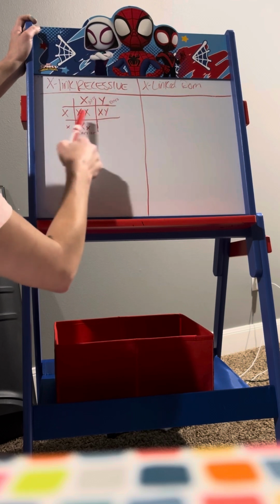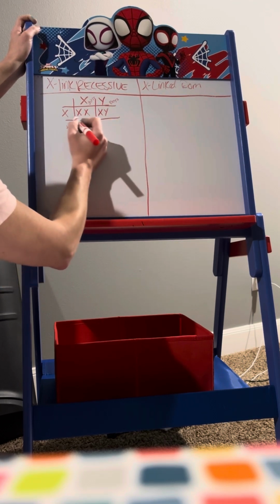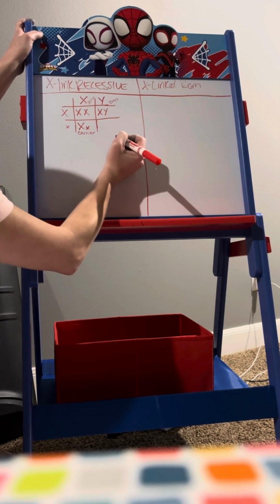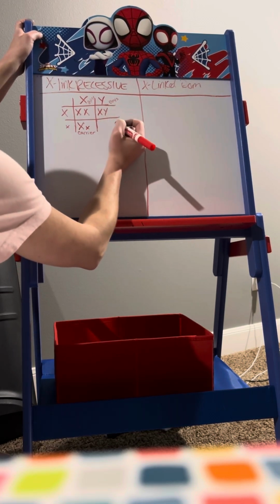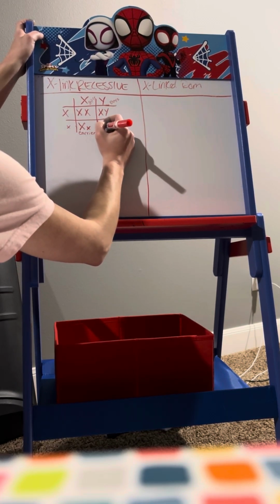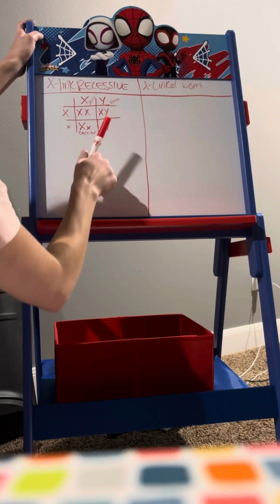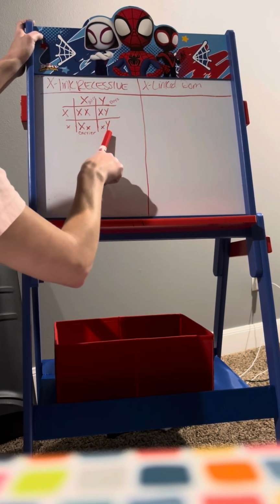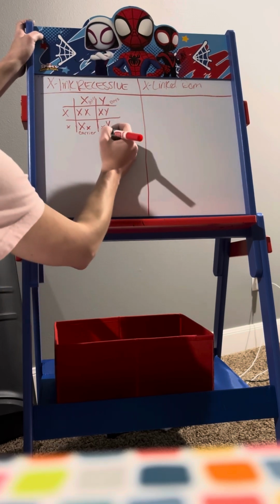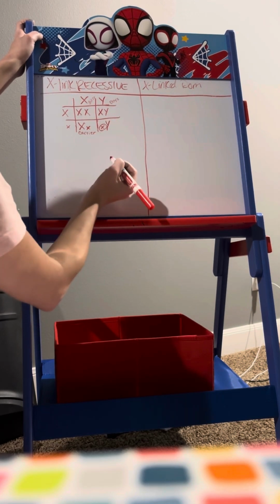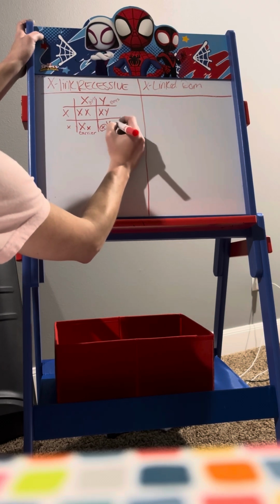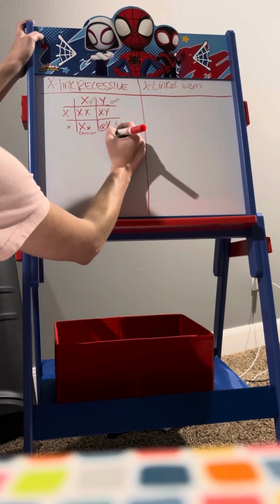Big X, Y. These two are unaffected, okay? And so far we have one carrier. Now over here, this boy, he only gets one shot at getting an X, and it's from mom. This boy is SOL. He got the bad X. He is going to fully express the disease, and he is affected.